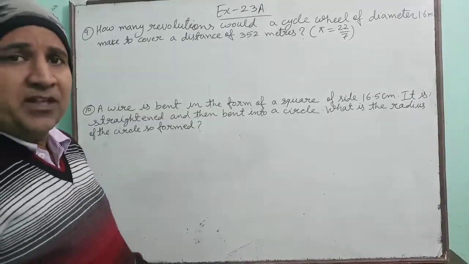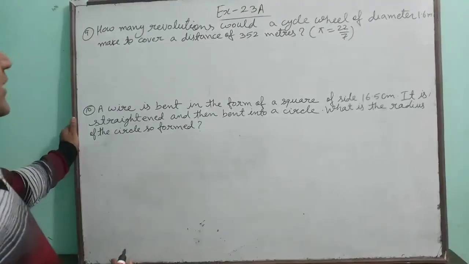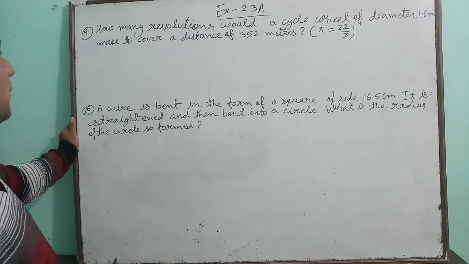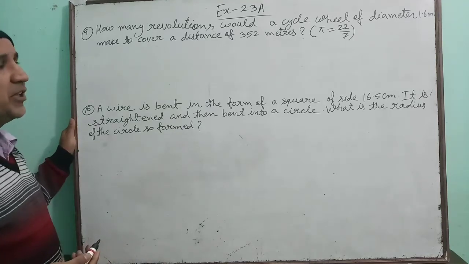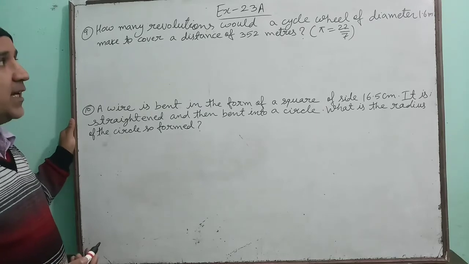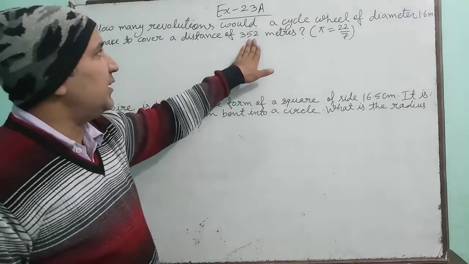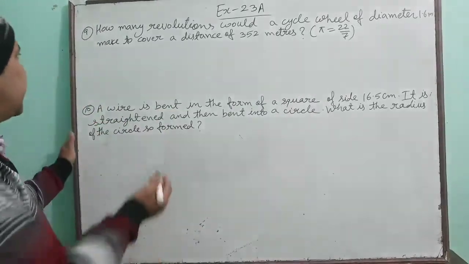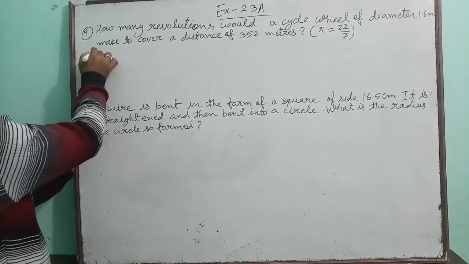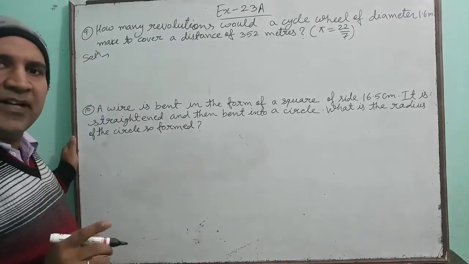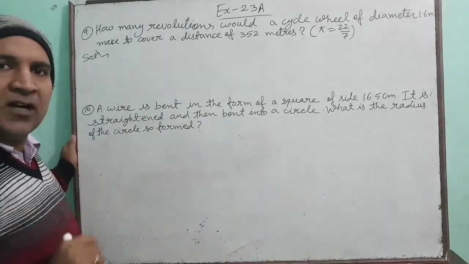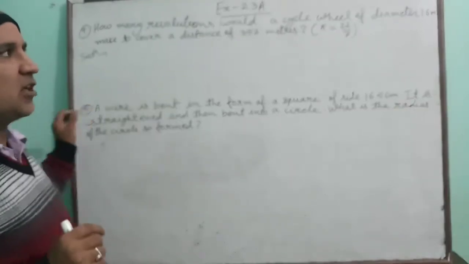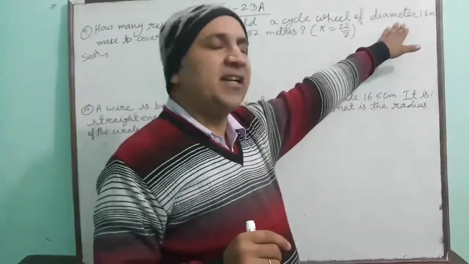Okay. Now see question number 9 of your exercise. How many revolutions would a cycle wheel of diameter 1.6 meter make to cover a distance of 352 meter? That means if the wheel is covering 352 meters, then how many revolutions will it take? See children, the question is very simple. We can find the distance covered in one revolution because diameter is given.